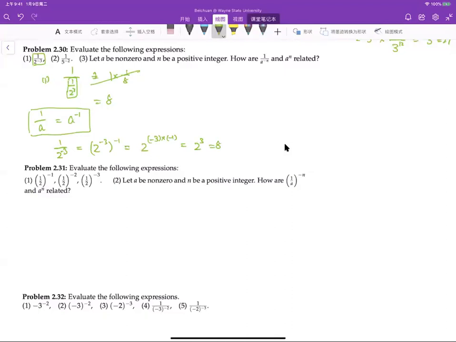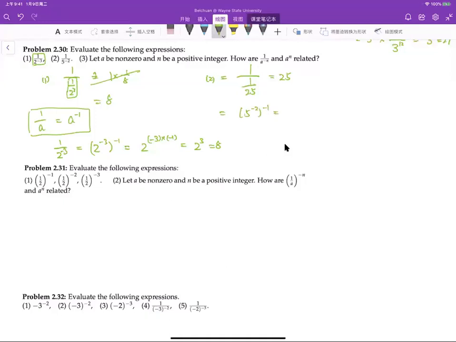Well, for number 2, we can do the same thing. So anyone, just tell me the answer. What is 1 over 5 to the negative 2? 25. It's 25, good. So you can either take the reciprocal twice, so that will be 1 over 25, and then that will be 25. Or you can use the property: that's equal to 5 to the negative 2, to the negative 1.